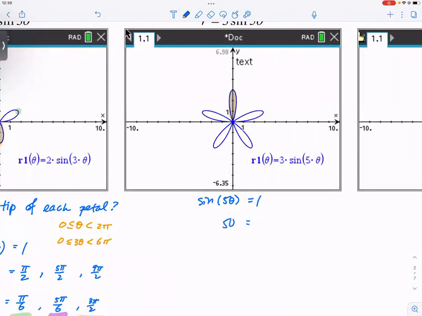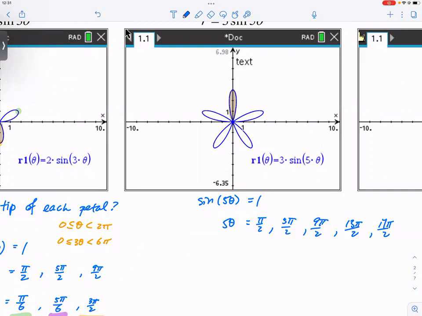And that means 5 theta is equal to pi over 2, 5 pi over 2, 9 pi over 2, 13 pi over 2, and 17 pi over 2, because it's 5 theta, it goes around 5 times.